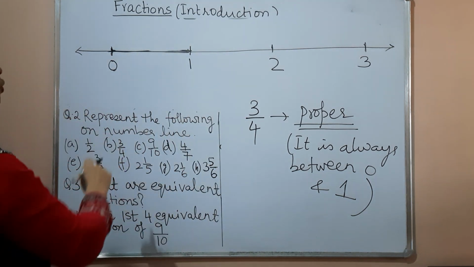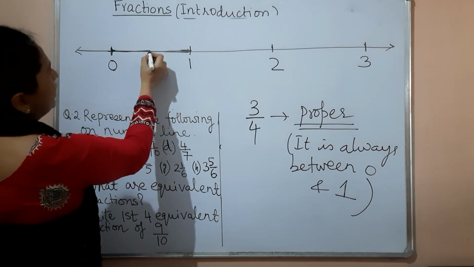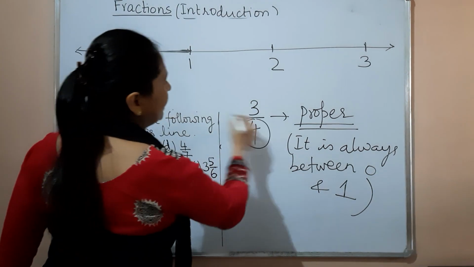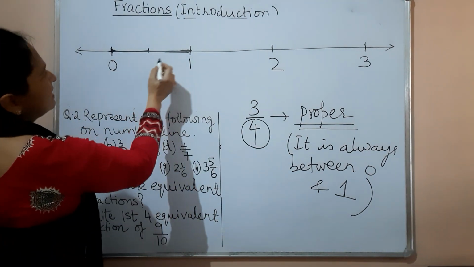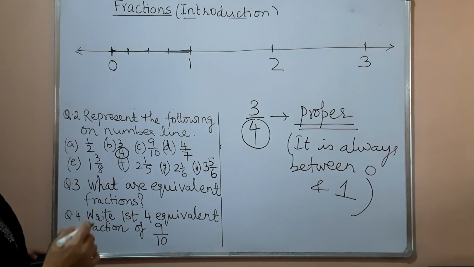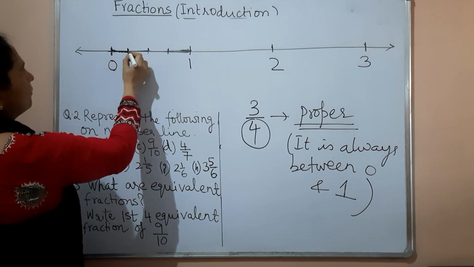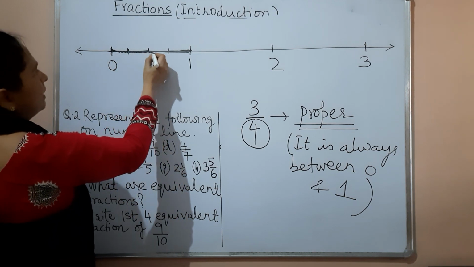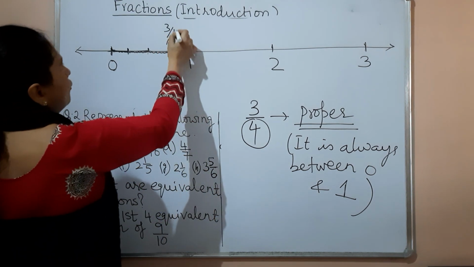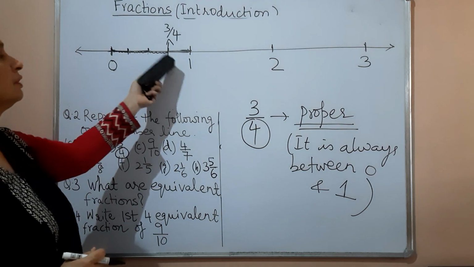Now 3 by 4 means we will divide this space into 4 equal parts. This has become half, and then it has to be equidistant. Now see, we start our journey from here. This is the first part, second part, and this is the third part, and this becomes 3 upon 4. This point is 3 by 4, from 0 to this point.